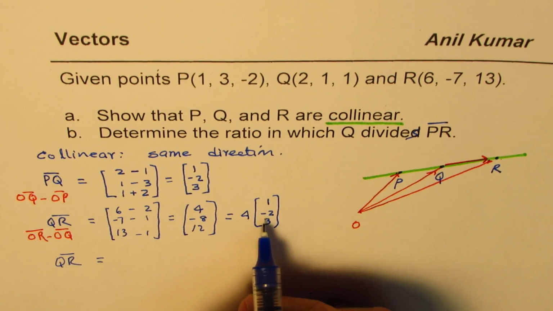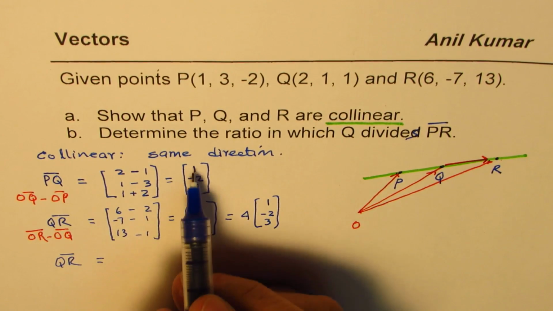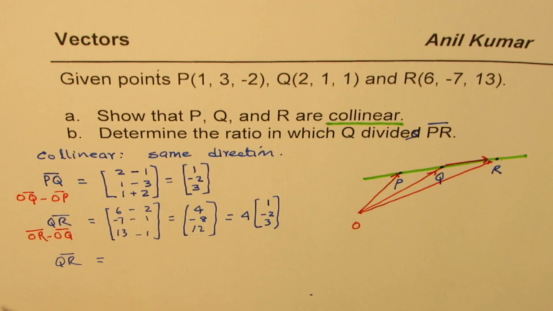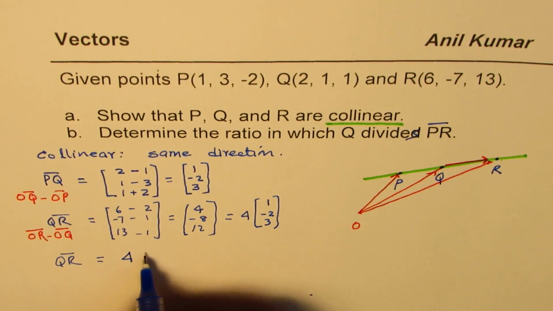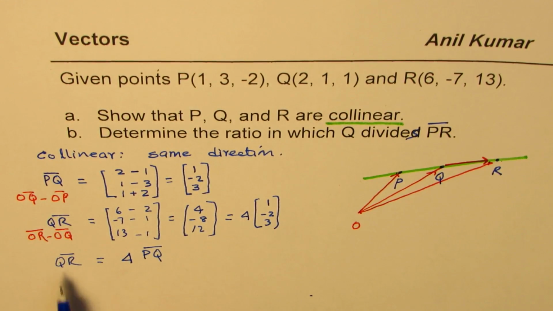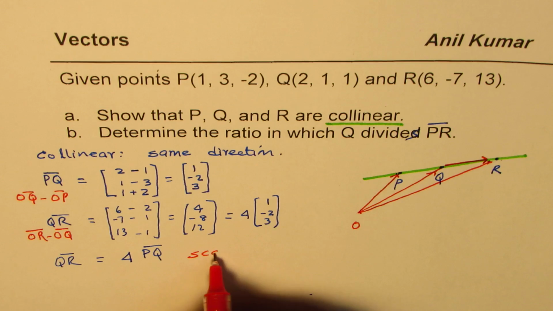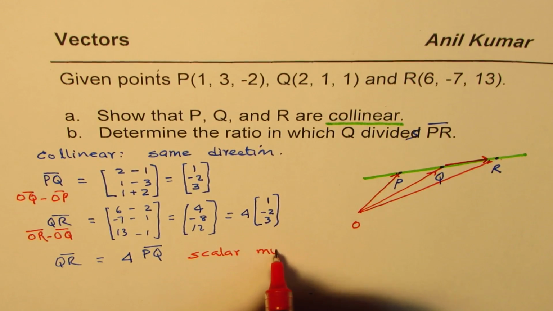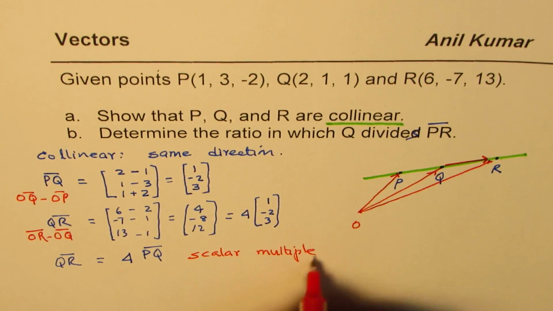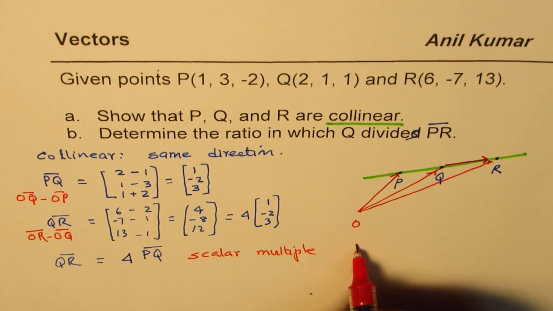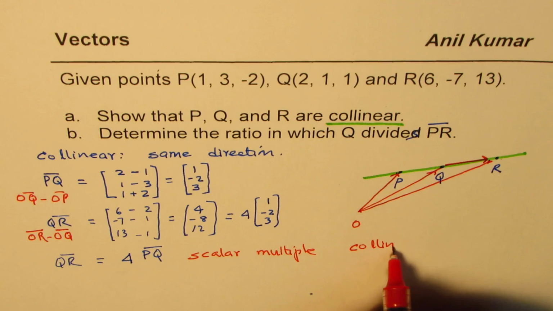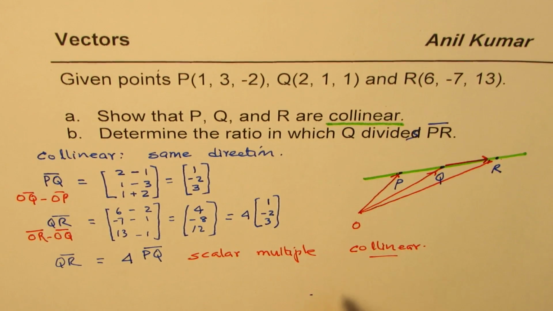And what is (1, -2, 3)? It is PQ. Wow. So we get QR equals 4 times PQ. So what we see here is that QR is a scalar multiple of PQ, and scalar multiple means they are collinear. So that's a neat way of proving the same thing.